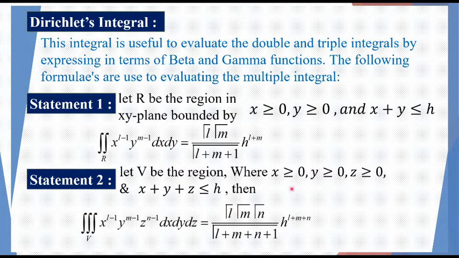Similarly, if we convert the limits for a problem, or for the volume integral basically, into this particular form, then we can directly solve the triple integral with the help of the gamma function.